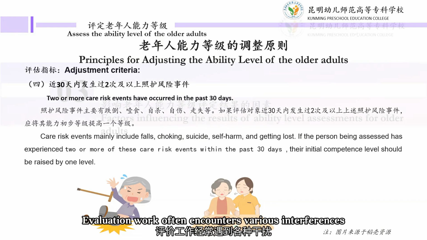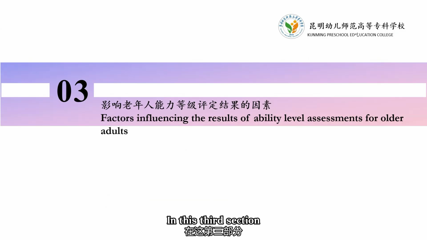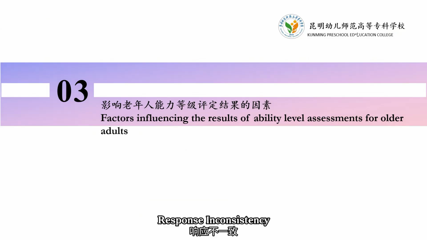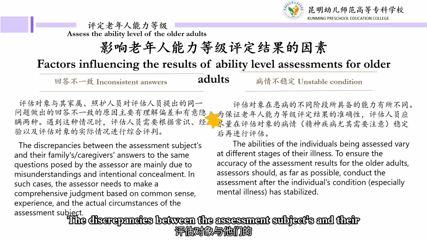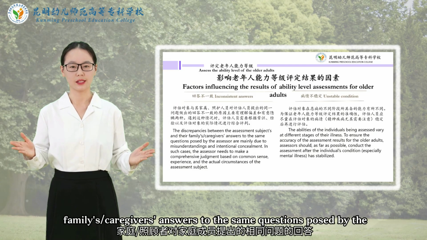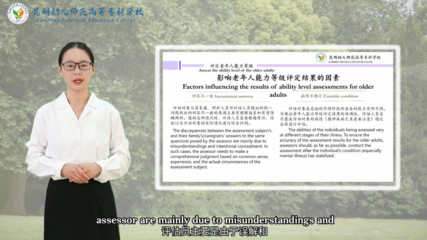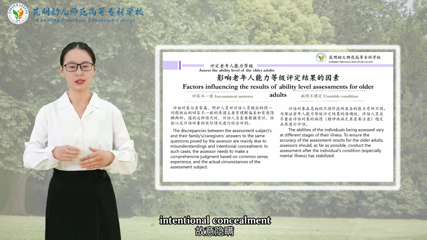Evaluation work often encounters various interferences. In this 3rd section, we analyze factors influencing assessment results. 1. Response inconsistency. The discrepancies between the assessment subjects and their families/caregivers' answers to the same questions posed by the assessor are mainly due to misunderstandings and intentional concealment.